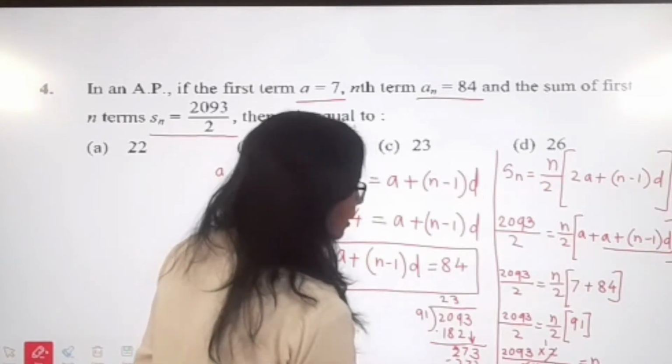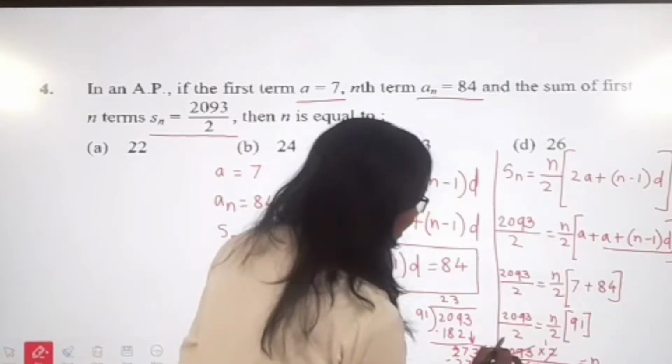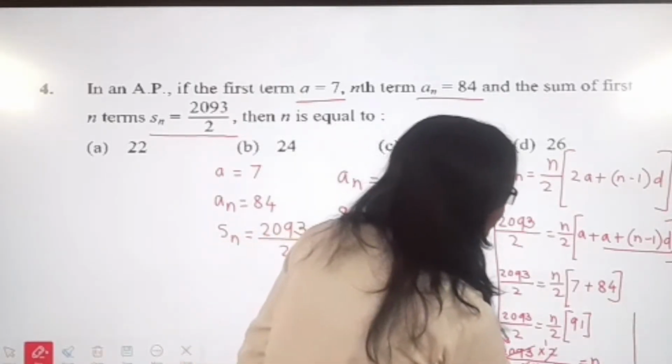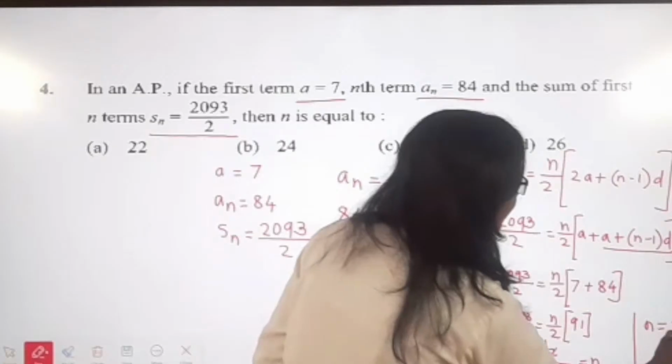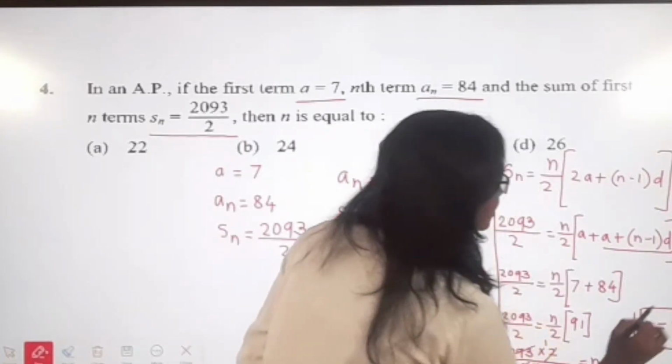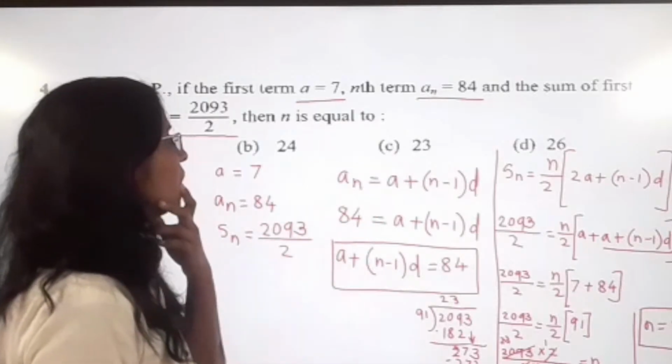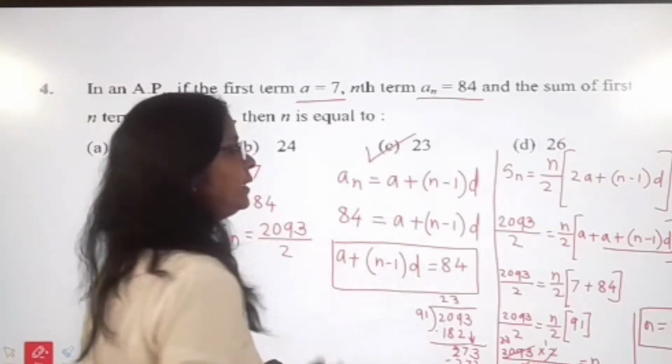So here, students, the answer is 23. 23 is equal to n. That means n is equal to 23. Okay, this is our final answer. So the correct option is C, 23.